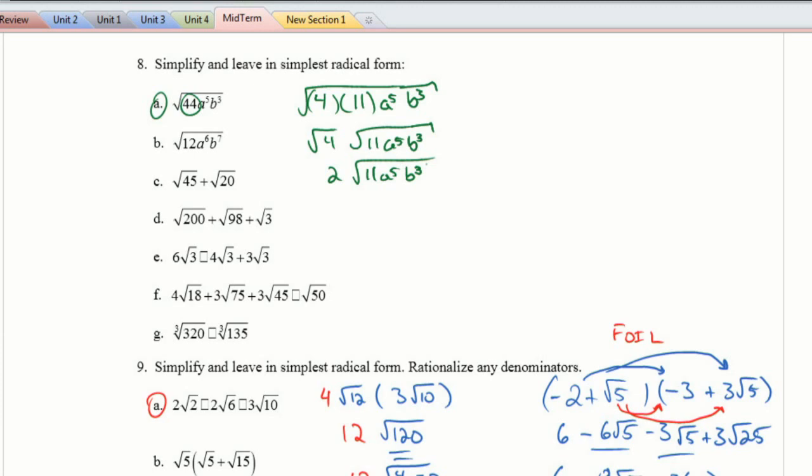Now, when we have a variable under a radical sign like this, I assume they've simplified the a's and b's as well. If I rewrote this as 2 times 11 a to the 5 b cubed, all to the power of 1/2, because that's the same thing, how can we simplify the a to the 5 b cubed?